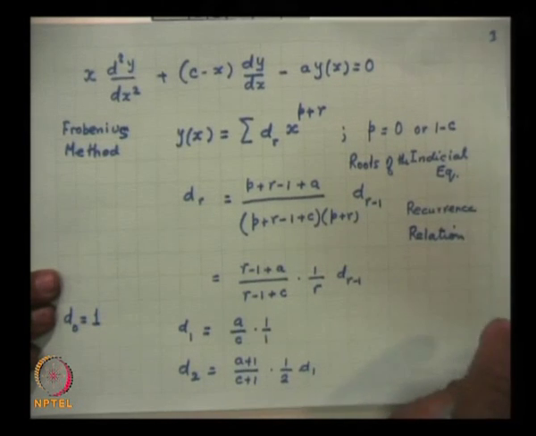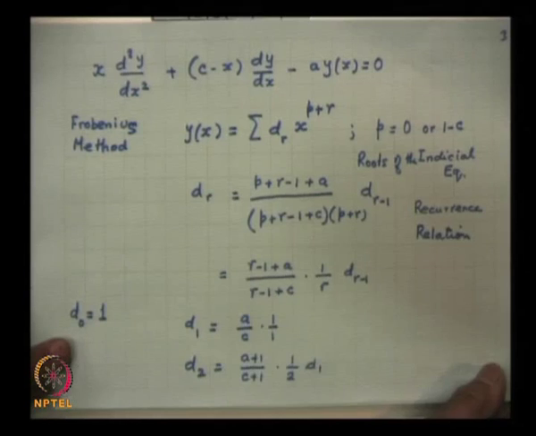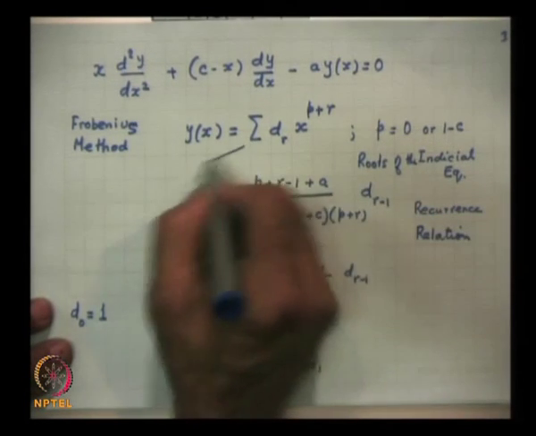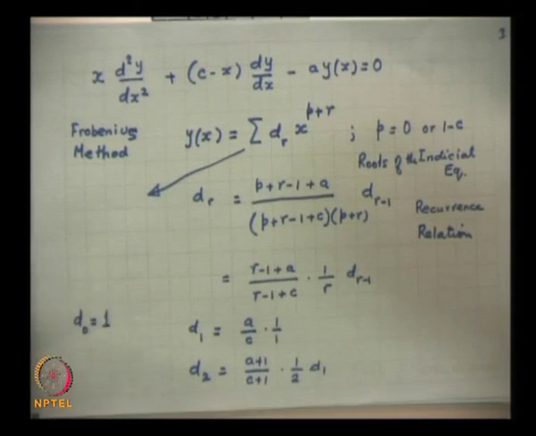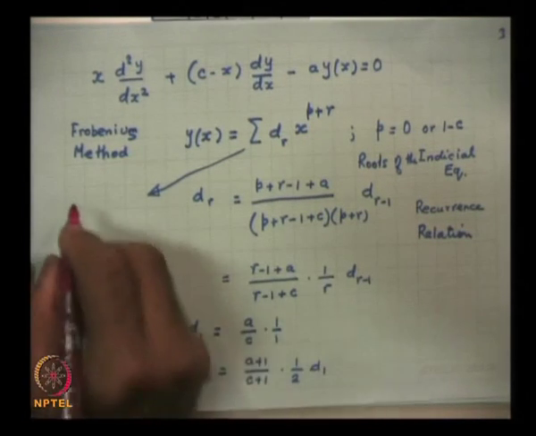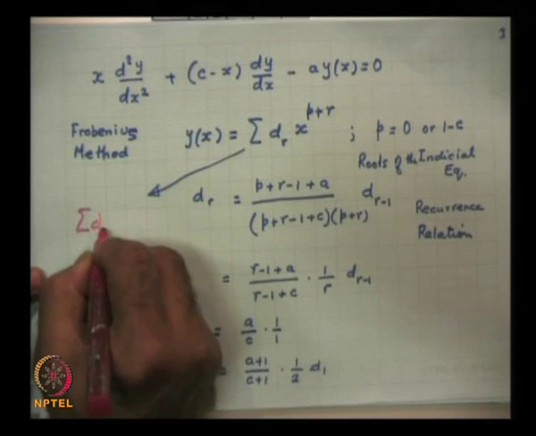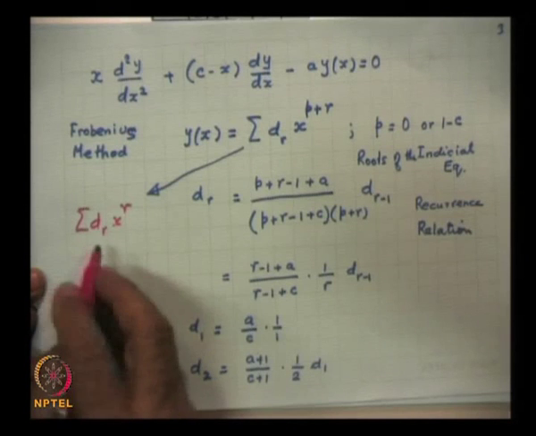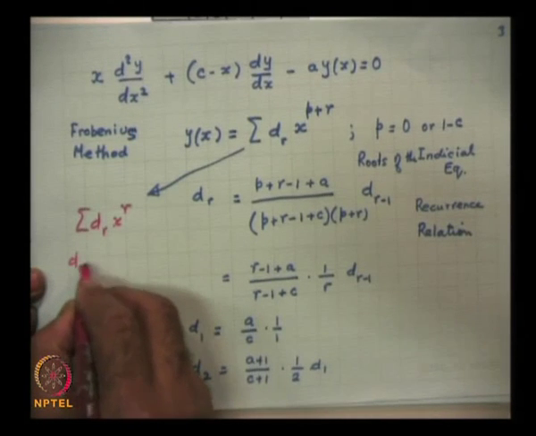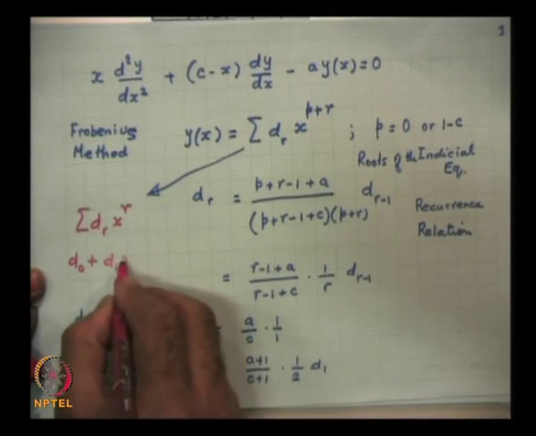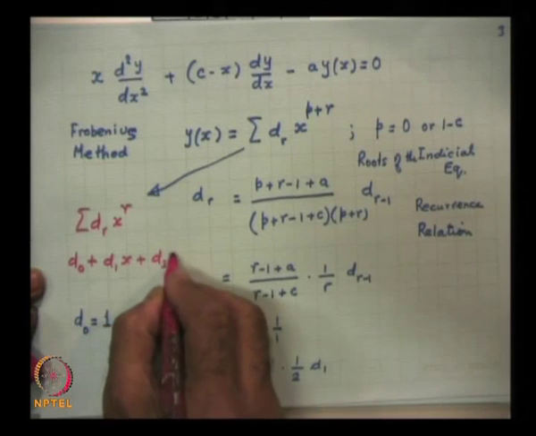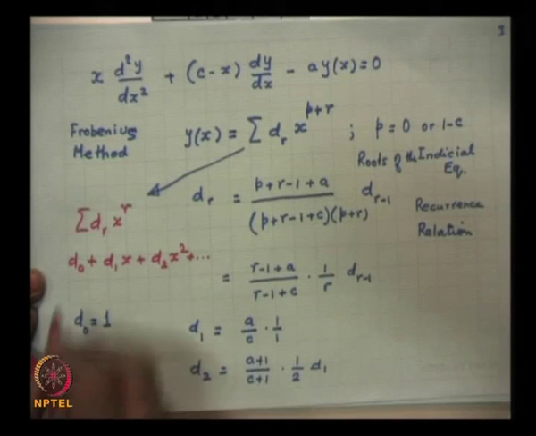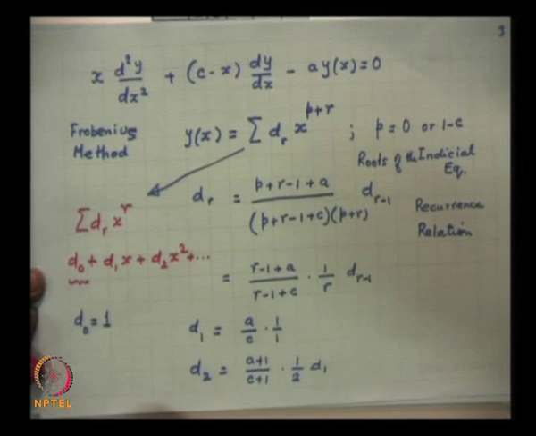So, for p equal to 0, the solution becomes the sum of d_r x to the power of r, that is d0 plus d1 x plus d2 x square and so on. We are assuming d0 is equal to 1.